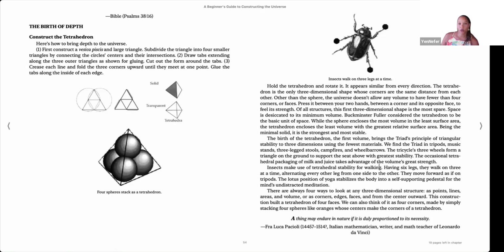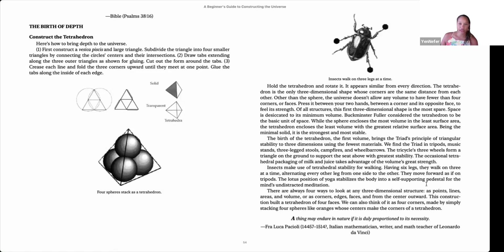Having 6 legs, they walk on 3 at a time, alternating every other leg from one side to the other. They move forward as if on tripods. The lotus position of yoga stabilizes the body into a self-supporting pedestal for the mind's undistracted meditation.